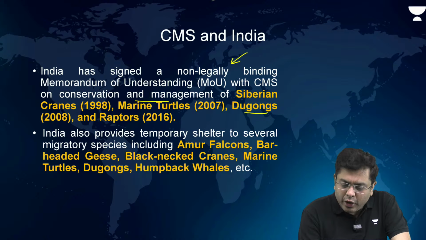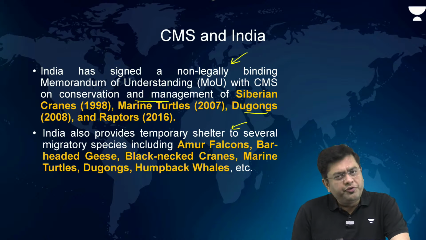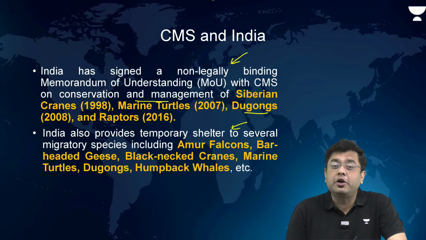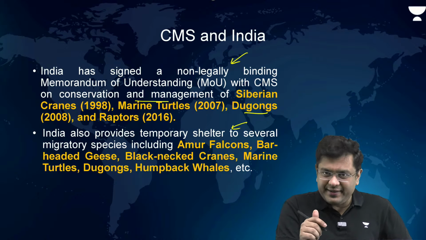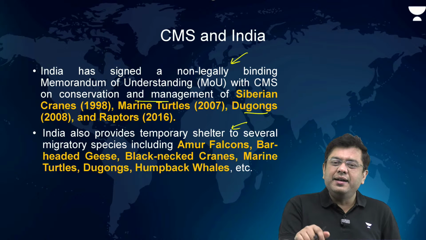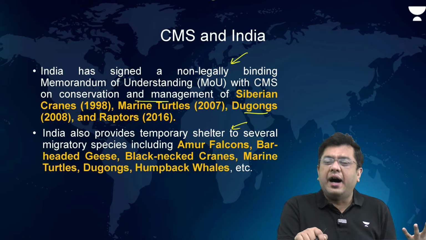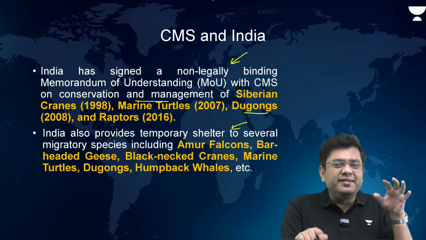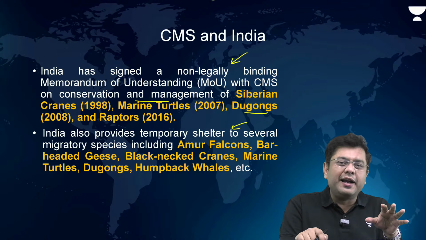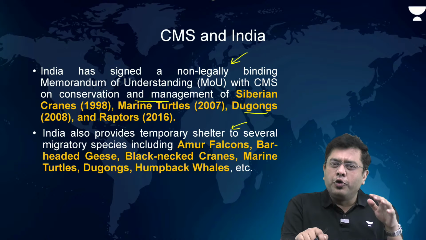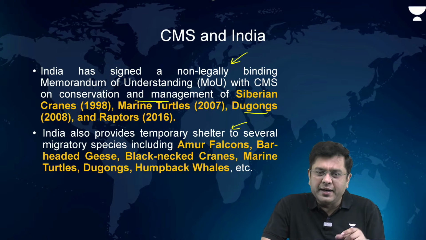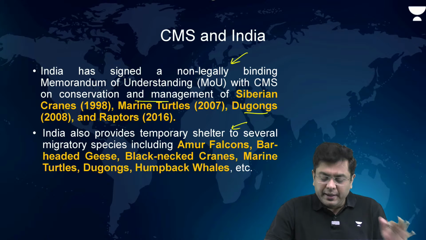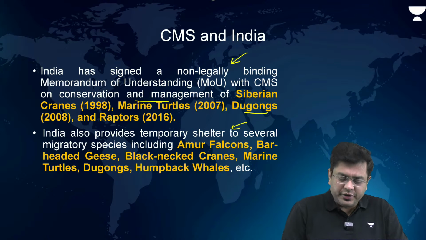Now here, India also provides temporary shelter to various different migratory species. In which particular season will migratory species flock to India in greater numbers? Always in the winter season. Because in winter season, the species face very harsh conditions in their home territories around Central Asia, in the region around Siberia, and due to frozen grounds and frozen water bodies, many of the species migrate to tropical countries, and there you will have the presence of these particular species as well.